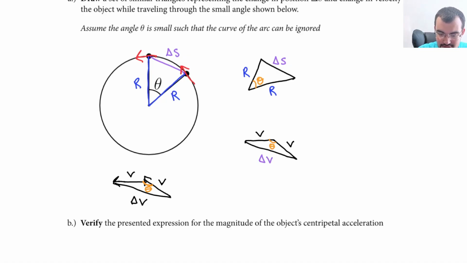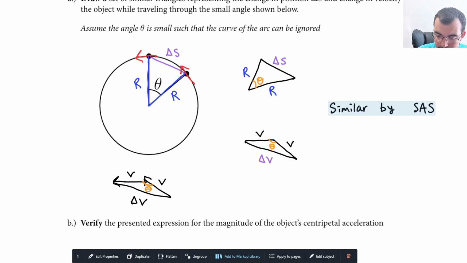So why are these triangles similar? The triangles are similar because they have two identical sides, r and r, v and v, and the included angle theta is the same, so they're similar by side-angle-side. We can derive this result without any geometry if you're a calculus guru.